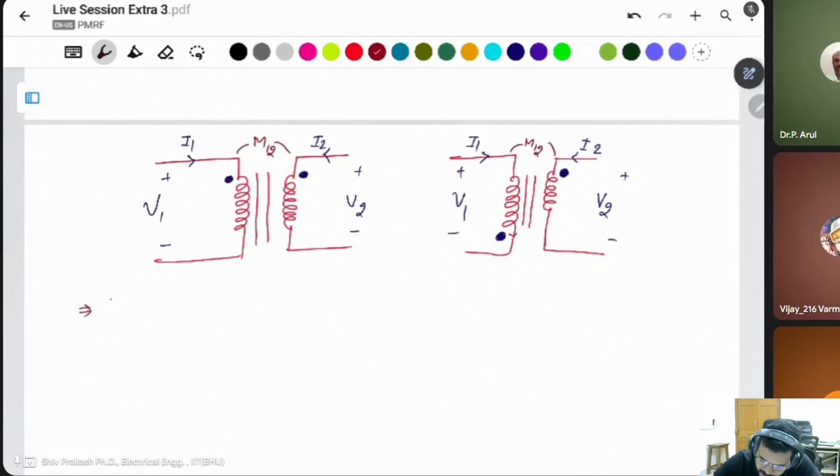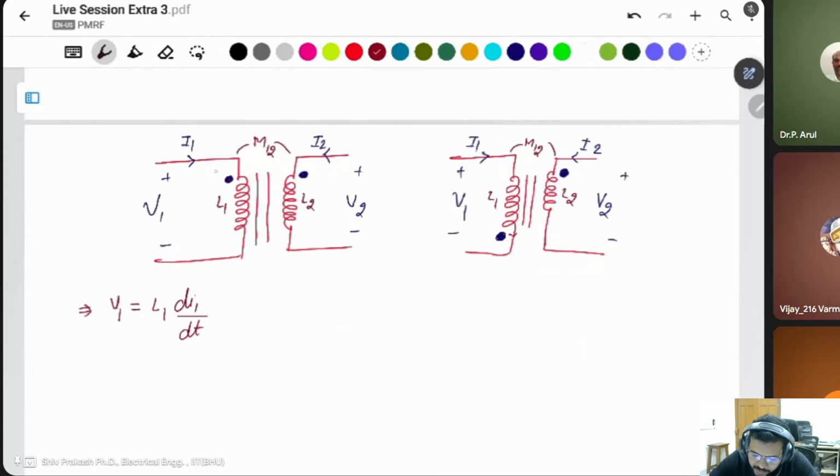In the first case, what is V1? V1 is across an inductor, and the inductor has a current flowing. That's why the first term is L1 di1 by dt, the self inductance.